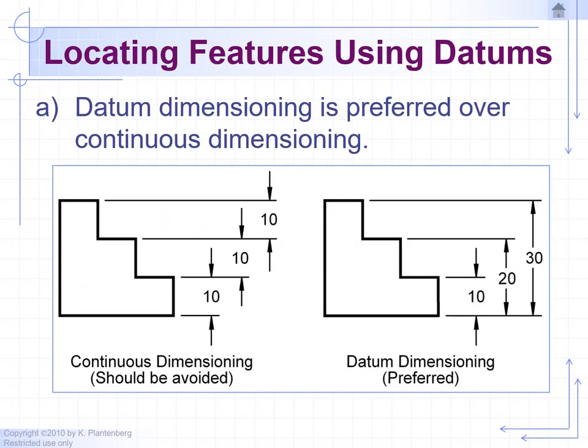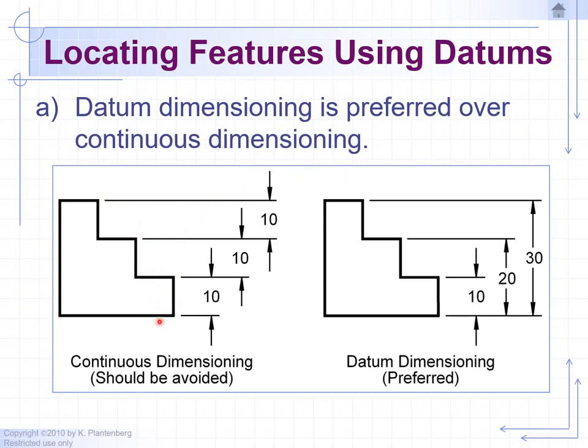Next slide. Okay, let's look at different ways of dimensioning. Datum dimensioning is preferred over continuous dimension. Okay, so the first one is showing us continuous dimension. Okay, so if you look at the base, and we dimension step by step, each step is 10 units in height.